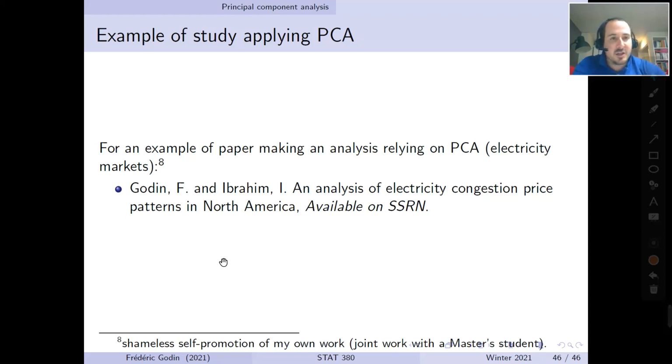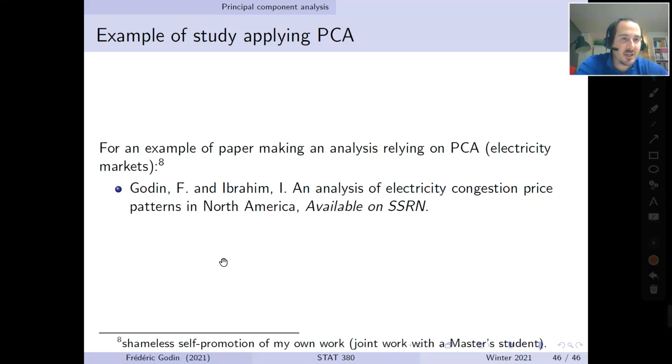So the methodology from a statistical standpoint, there's nothing new there. It's only applying what we've seen in this chapter. But this paper shows very well how to use principal component analysis to get first intuitive results and how to interpret the results. And at the same time, if you're interested, you can learn about electricity markets from that.